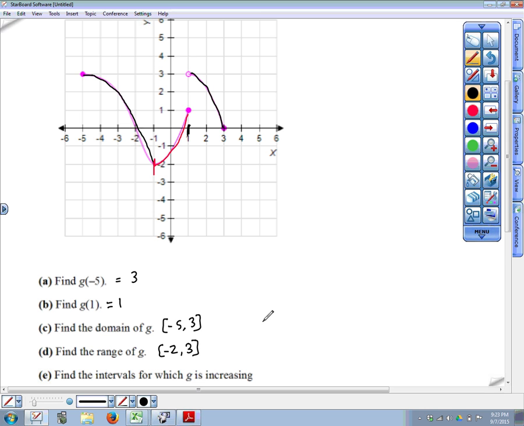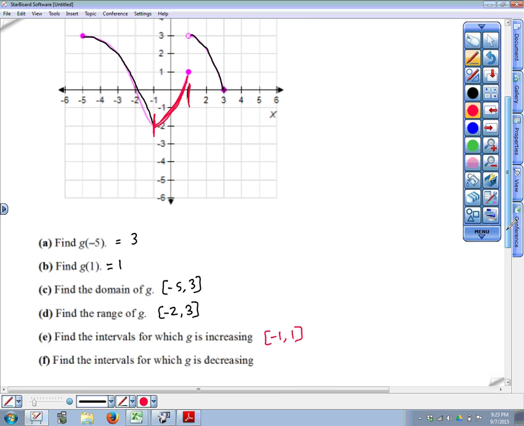So the intervals for which g is increasing: the only part of the graph that's increasing is this piece right here, between this x value and that x value, so it's increasing from -1 to +1.